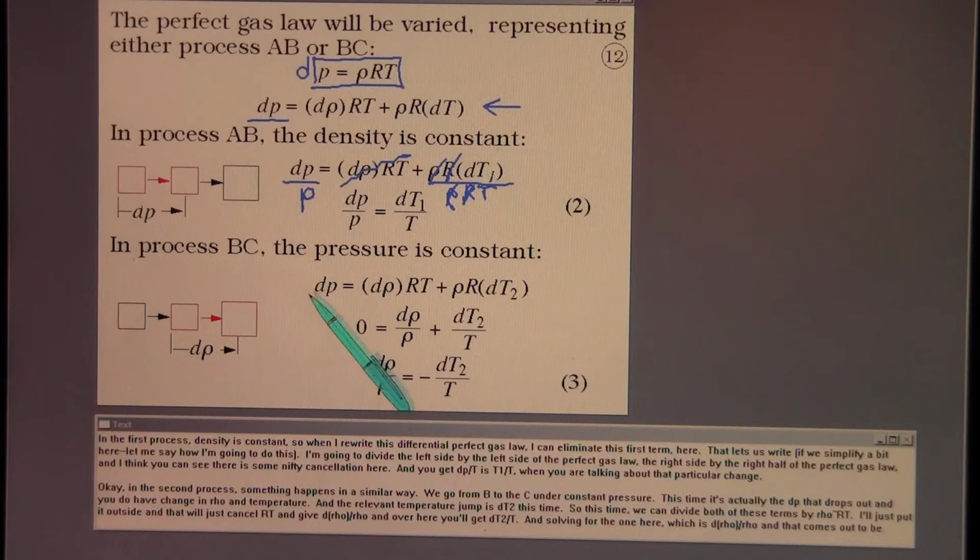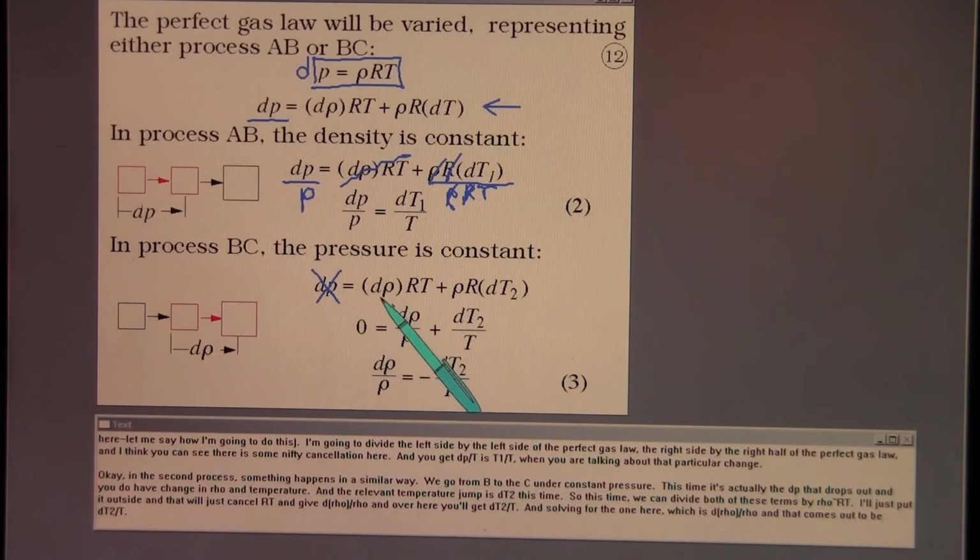Okay, in the second process, something happens in a similar way. We go from B to C under constant pressure. This time it's actually the dP that drops out, and you do have change in rho and temperature. And the relevant temperature jump is dT2 this time.